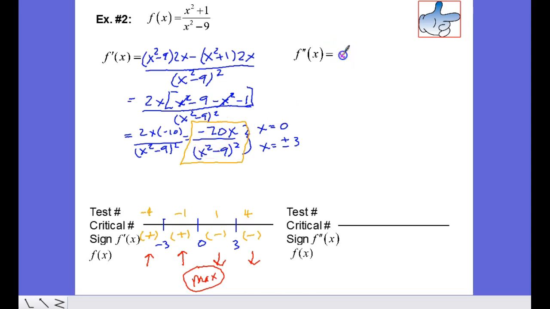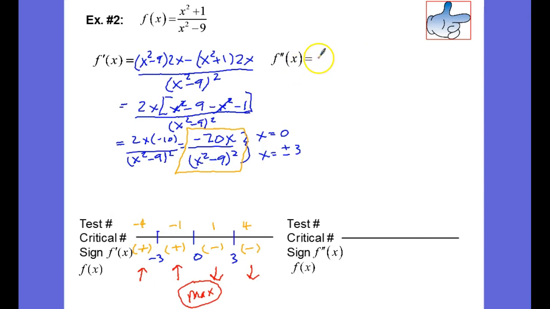So we have the bottom, (x squared minus 9) squared, times the derivative of the top, which is negative 20, minus the top, negative 20x, times the derivative of the bottom, which we apply the power rule and the chain rule.